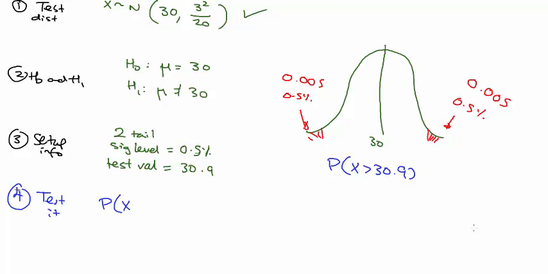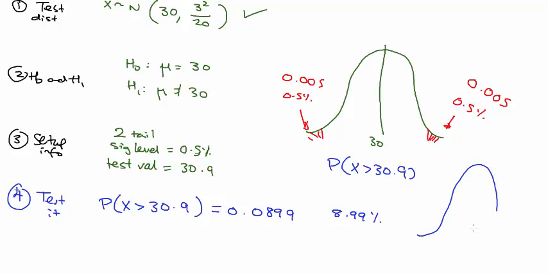So if I do the probability x greater than 30.9, which gives you, bear with me, you do this as well, I have got 0.0899, which is 8.99%, which is huge.